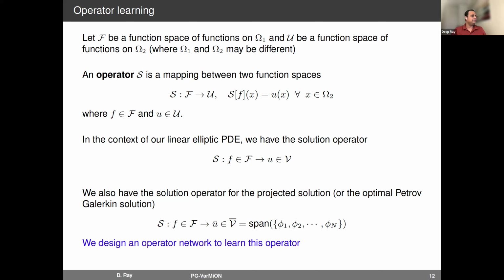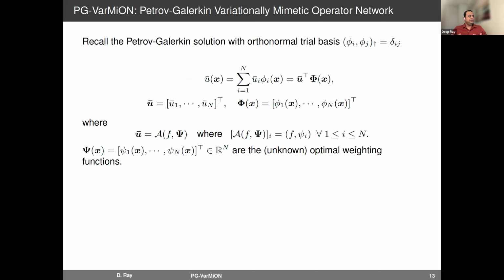Okay, all right. So recall a few slides ago, we saw the Petrov-Galerkin solution using an orthonormal trial basis, orthonormalized in our given dagger inner product. Since u bar can be written as a linear combination of the trial basis functions, or in compact notation, the vector of coefficients u bar dotted with the vector of trial functions.